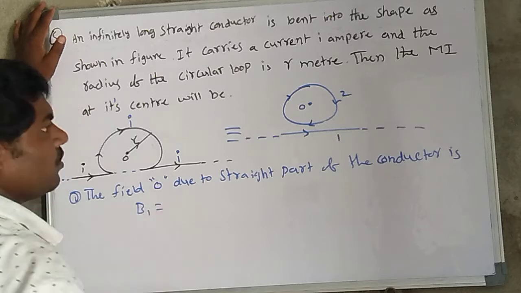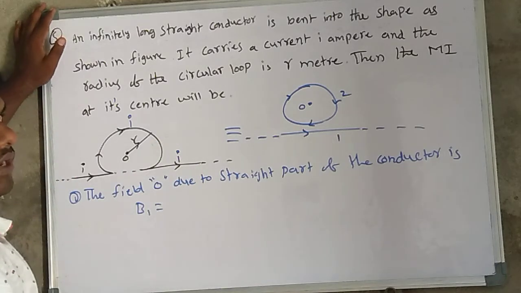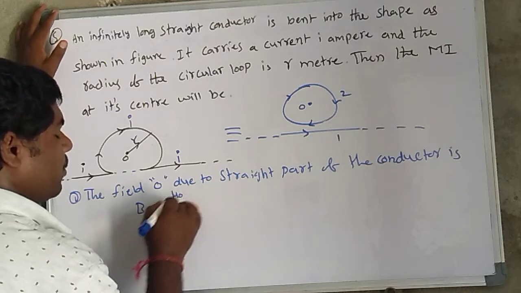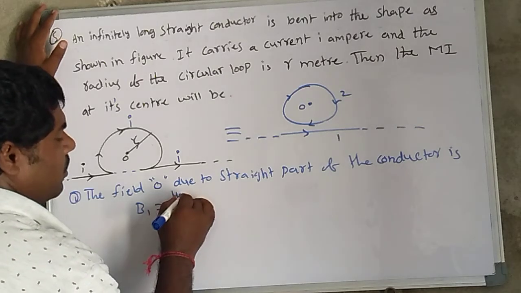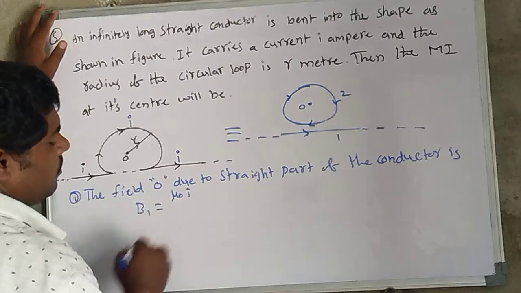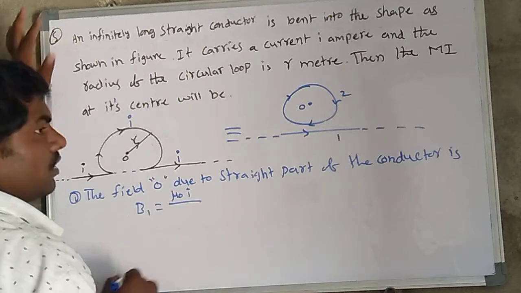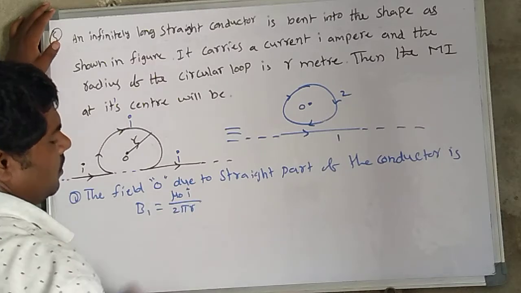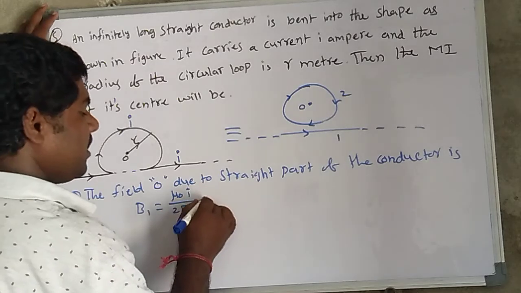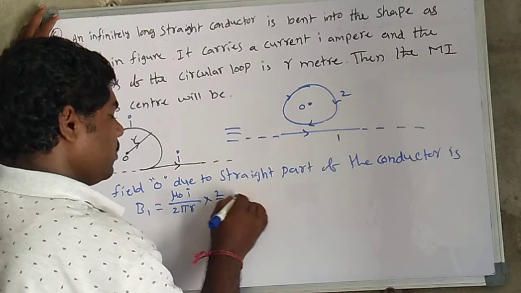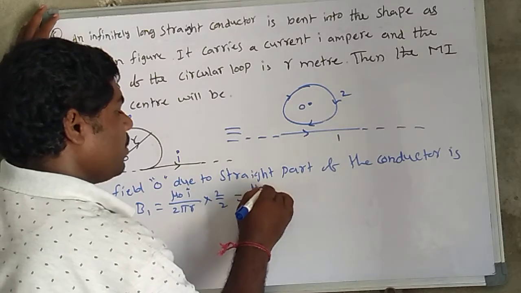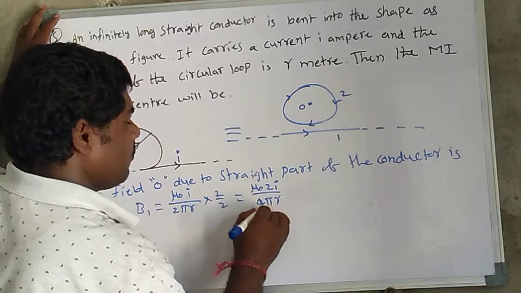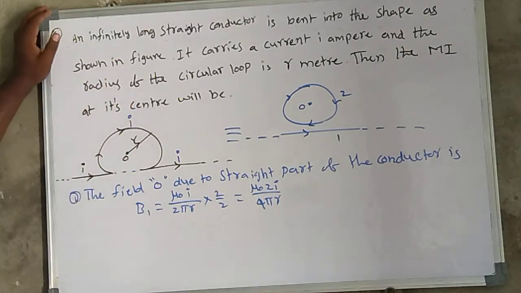For a straight wire, everyone knows the formula: mu naught into I divided by 2 pi r. Multiplying and dividing by 2, you get mu naught 2I divided by 4 pi r.